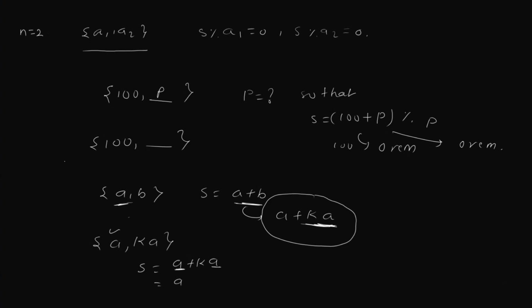Also we can write it like a times (1 plus k). So this is divisible by a because we have a as a multiple. So it is guaranteed that this is divisible by a. But what about ka? Is it divisible by ka?